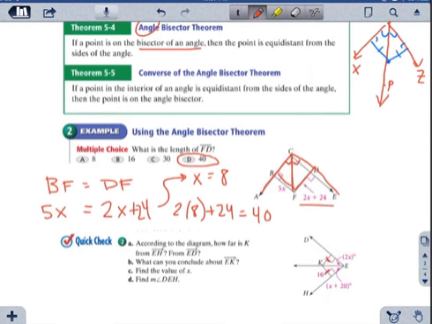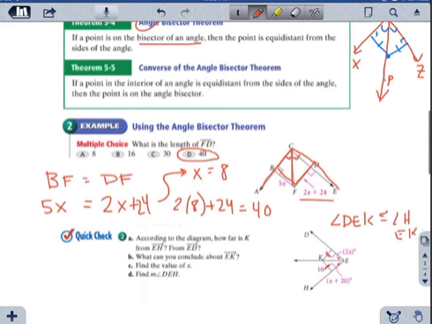And we know that angle DEK must be congruent to angle HEK. These two angles must be the same size because K must lie on that angle bisector.